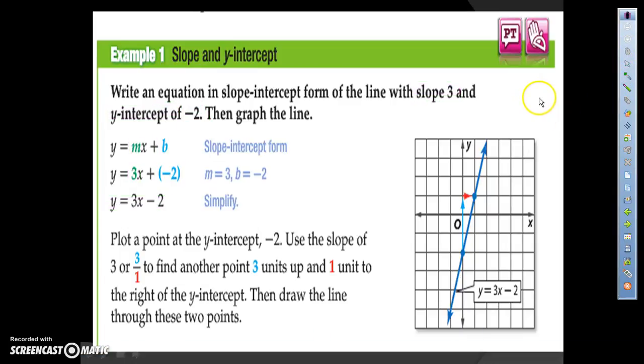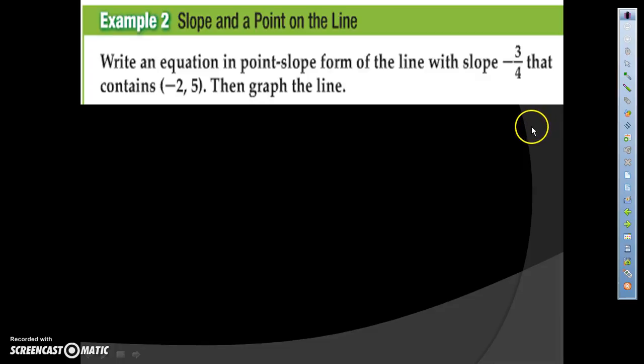Now let's look at a different type of example for writing an equation in slope-intercept form. I realize in your book this section has slope-intercept and point-slope form. We are going to talk about point-slope form, but for the purposes of this unit, we're not going to talk about it yet.